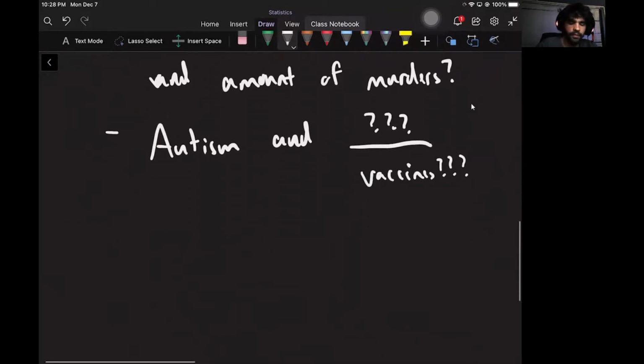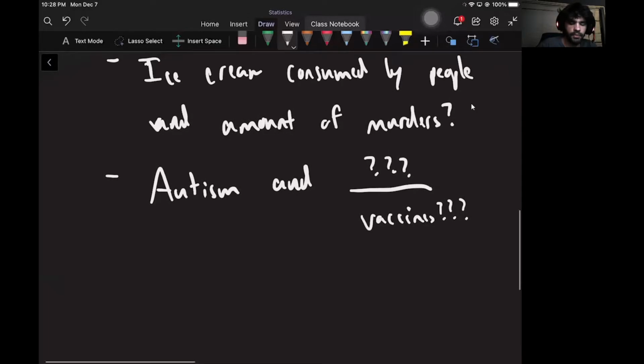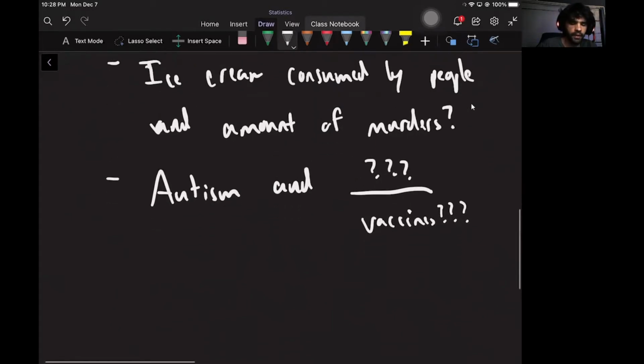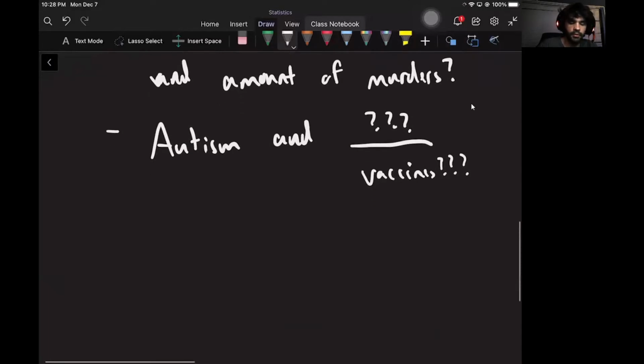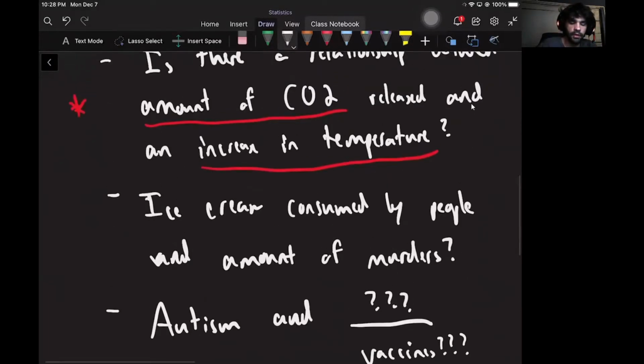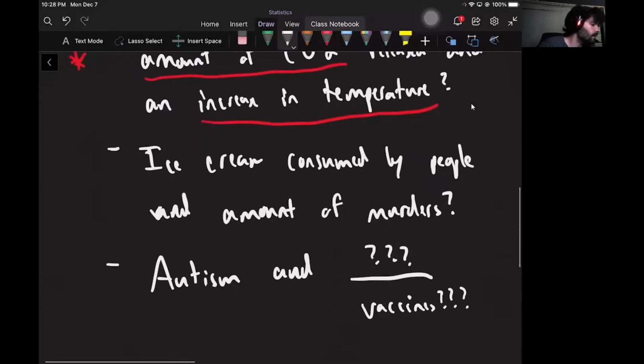They'll just make up whatever. The point is that just because there's some sort of mathy relationship between two things, that could hint at something, but you have to go deeper to figure out if they really are related, because they could be coincidentally related. Okay, so that's the kind of stuff we're going to be talking about.